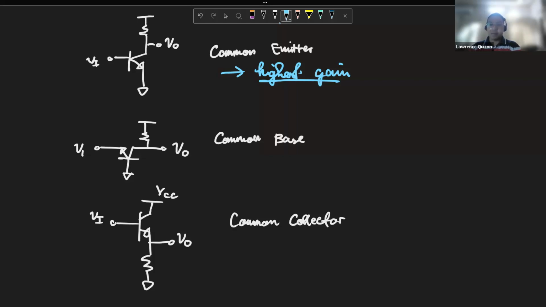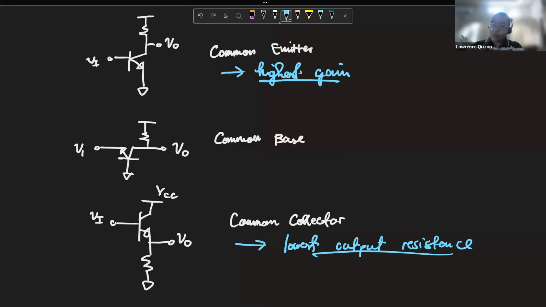Common collector has the lowest output resistance, which means siya yung pinopront mo sa lahat ng output. Kasi, kung mababa yung output resistance niya, say 50 ohms, then makukuha nung load mo most of the output voltage, right?